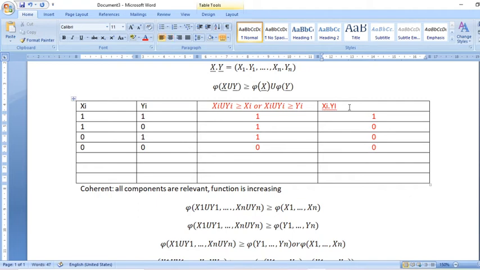Look at these values. The xi yi value is less than or equal to xi, and also less than or equal to yi. 0 is less than or equal to 1 and 0 is less than or equal to 0. That means the xi yi value is less than or equal to xi and simultaneously yi. In the last case we can easily see that.